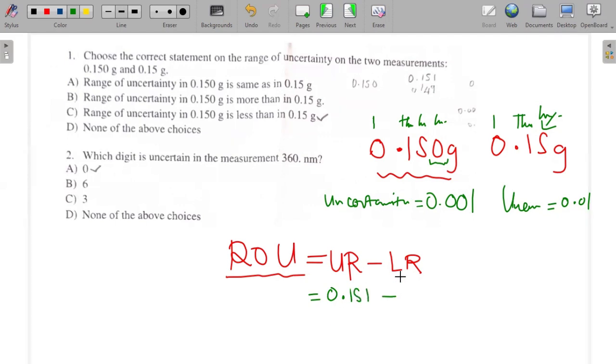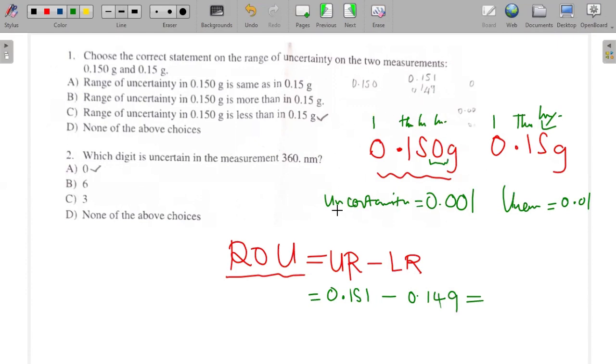And my lower reading will be this number subtracted by this, so 0.150 minus 0.001. That gives me my lower reading as 0.149.